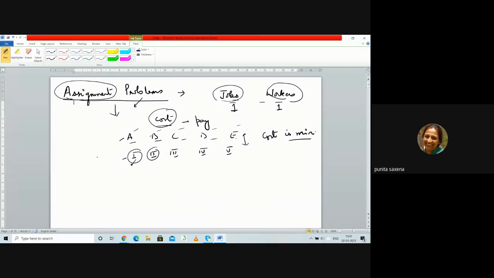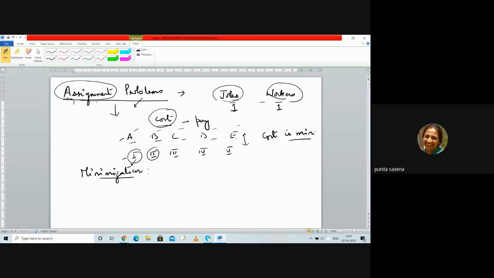So the objective here is a minimization problem, because we are minimizing the cost. It's not that we cannot maximize, we can, but the way to handle maximization problems in assignment is slightly different. So for the time being we'll be handling only the minimization problems, right?